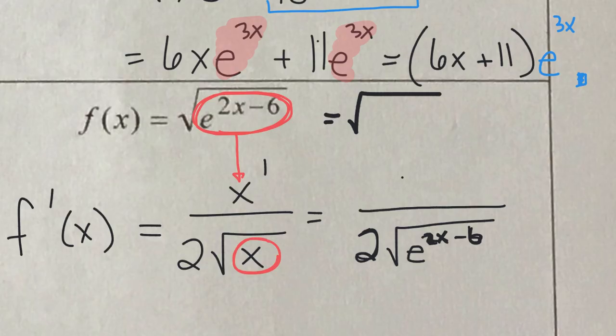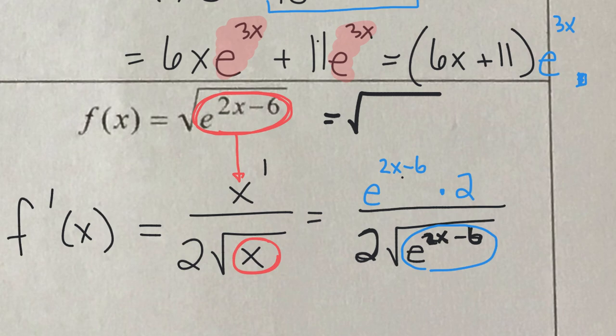So we take the derivative of our square root. Now let's deal with the something crazy. So what's the derivative of e to the 2x minus 6? Itself times the derivative of 2x minus 6, which is 2.